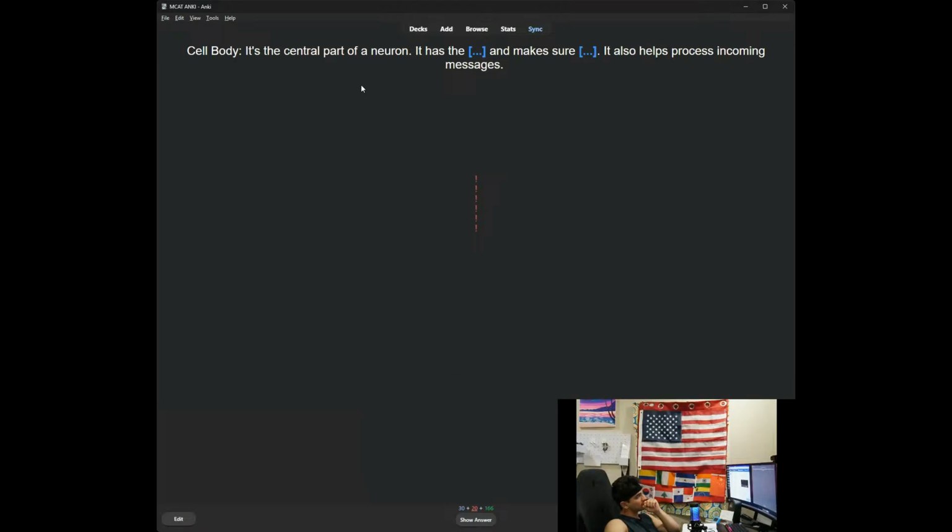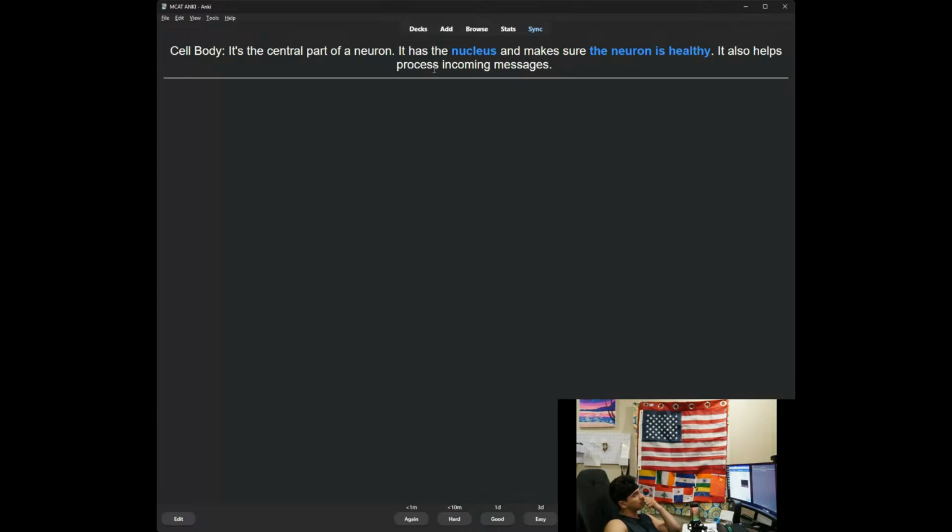Cell body, central part of the neuron. Yeah, nucleus, yeah. Okay, come on.